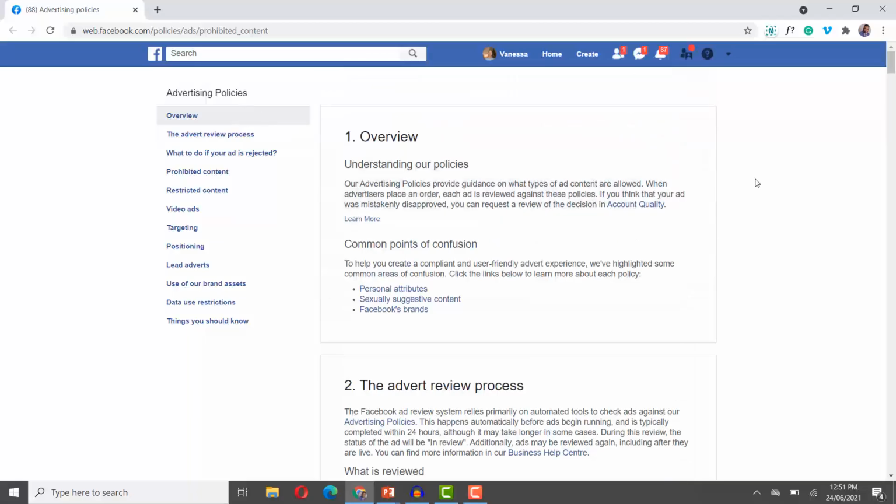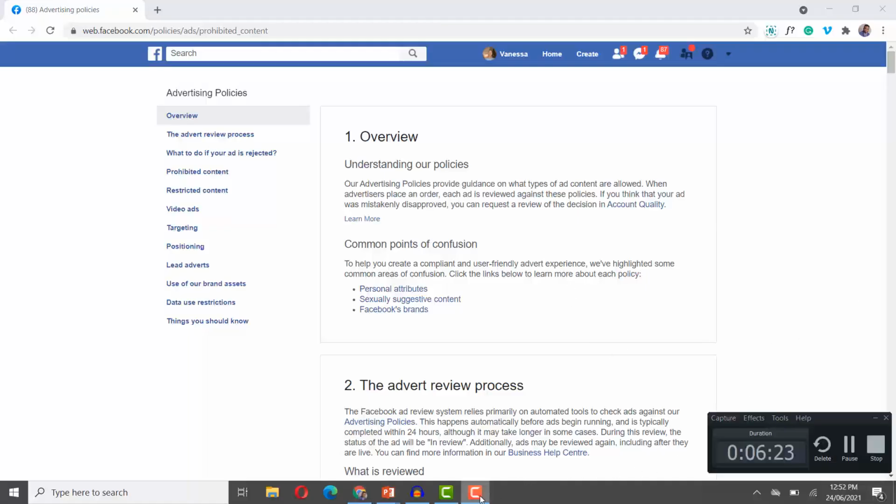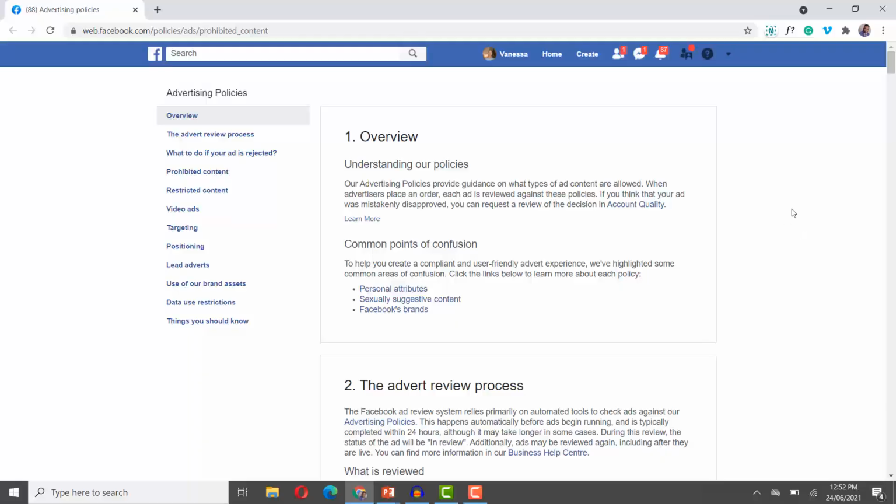Okay, I've already opened it in my browser, so I'll head over there. I want us to start from the overview. Right here, you can see that we have the overview, and then we have common points of confusion.